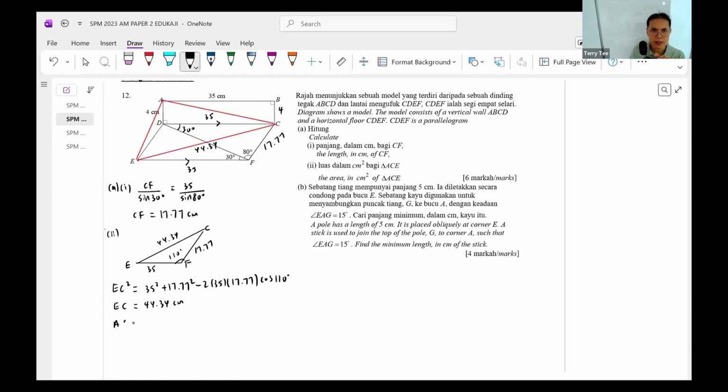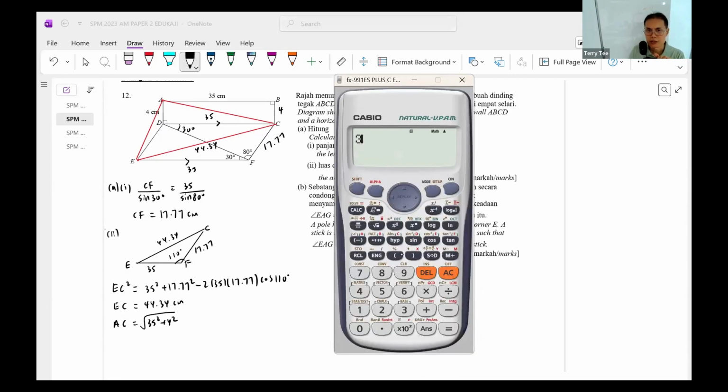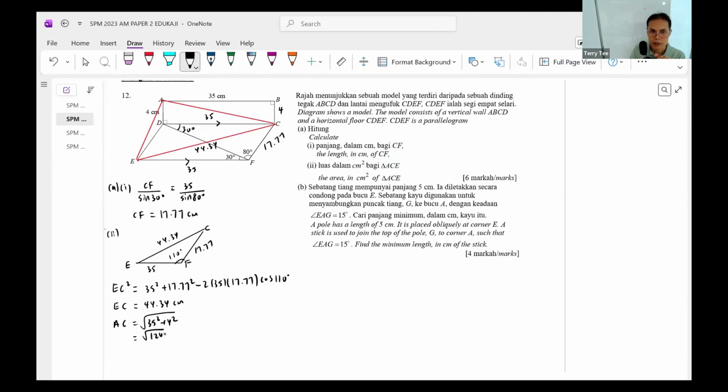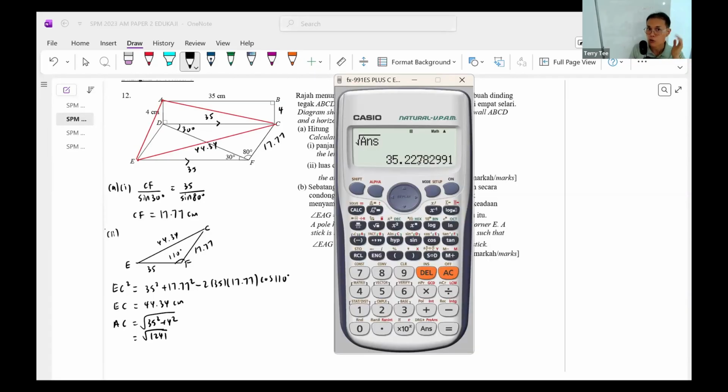So let me do AC. AC will be 35 squared plus 4 squared, square root. Also, we can just leave it in surd form, square root 1241. If you're lazy, just write square root 1241, better than writing all the decimals. Even written as a decimal, it is 35.23.